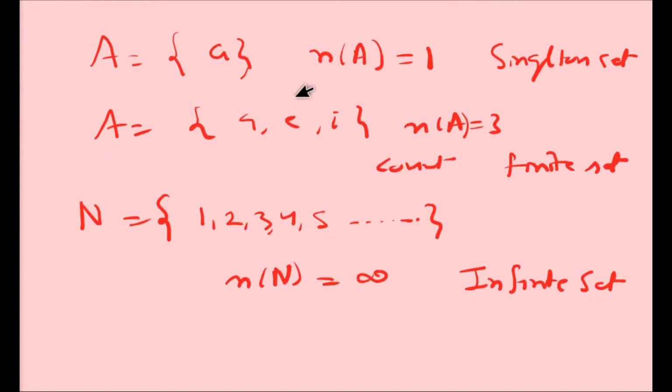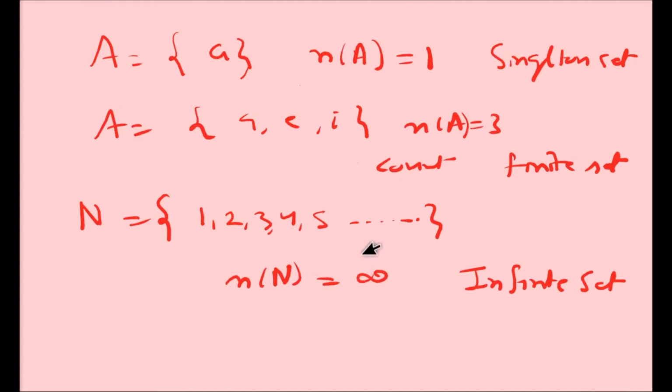Right? So we are talking about singleton set, finite set, and this is an example of an infinite set. I will explain all the terms in these lectures, and using your books you can do many questions after understanding the topic. So this is a basic lecture. It will describe the basic concept of set. So go through the next one.